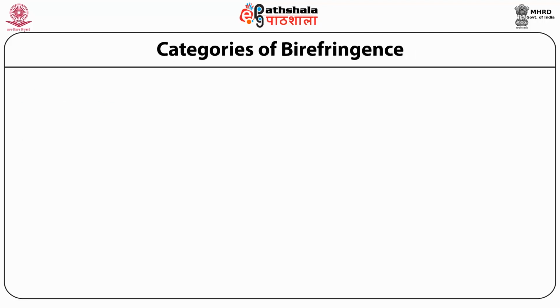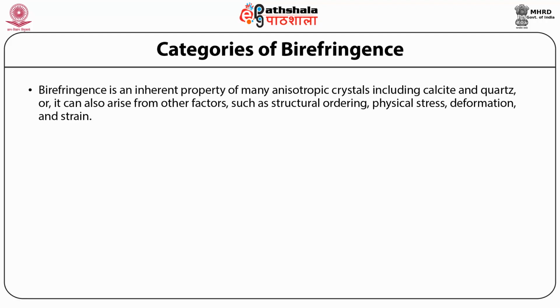Different categories of birefringence. Birefringence is an inherent property of many anisotropic crystals including calcite and quartz, or it can also arise from other factors such as structural ordering, physical stress, deformation and strain.